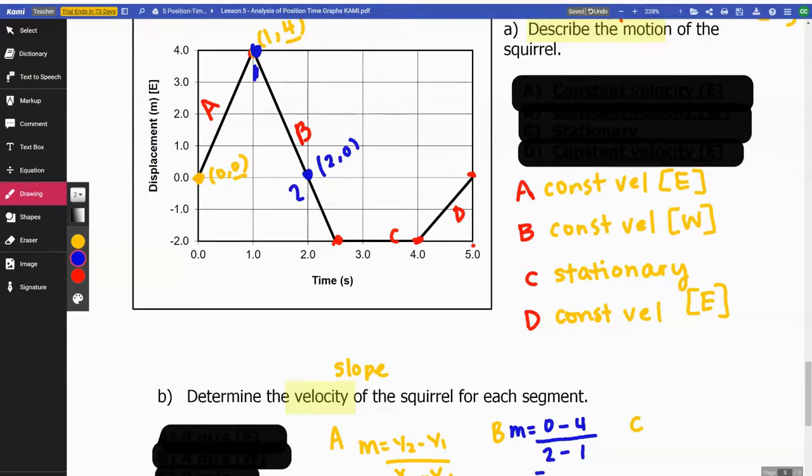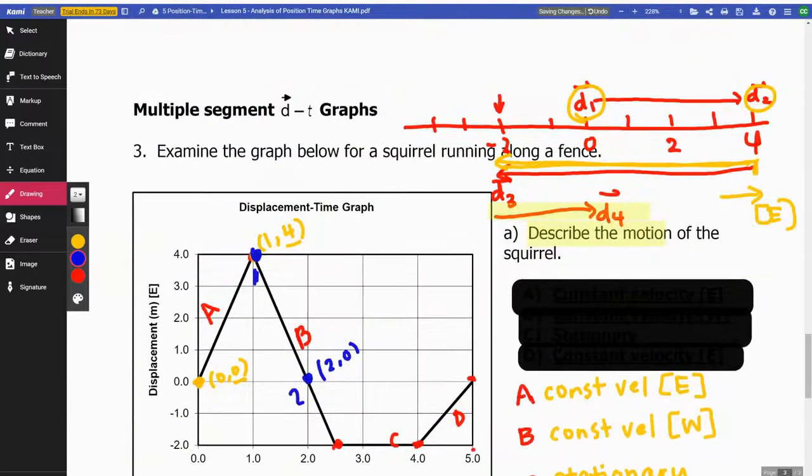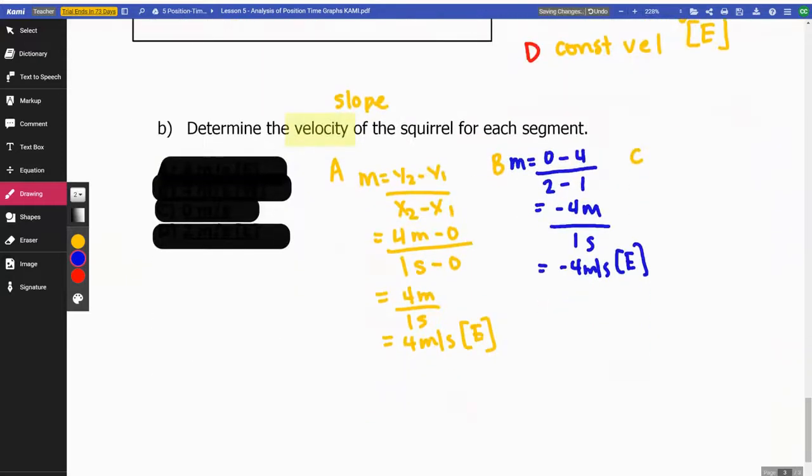So 0 minus 4 is minus 4. 2 minus 1 is 1. So minus 4 meters per second. East or west? It's east. Whatever calculations you've done, it's always going to be the same as the one you chose in the axes. But if you would like to change it to the proper, it really should be a positive 4 going to the west direction.